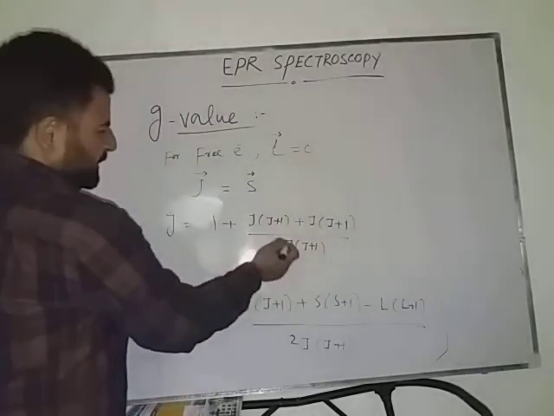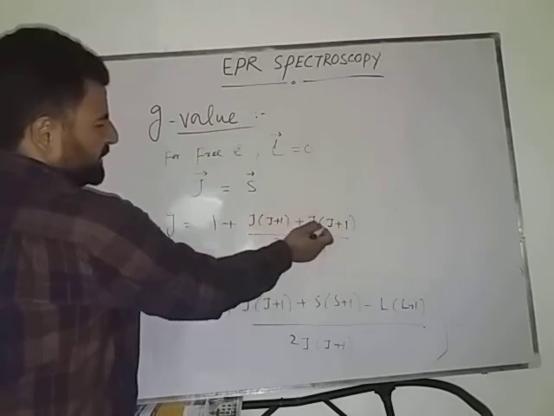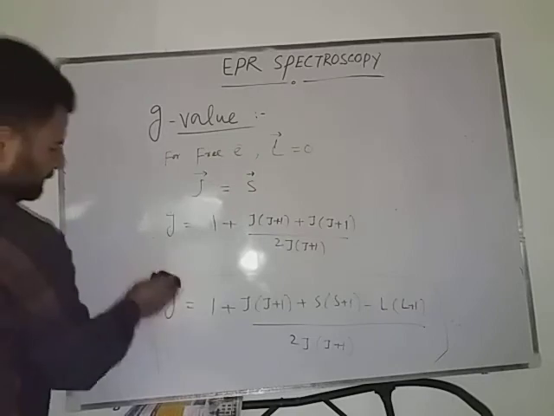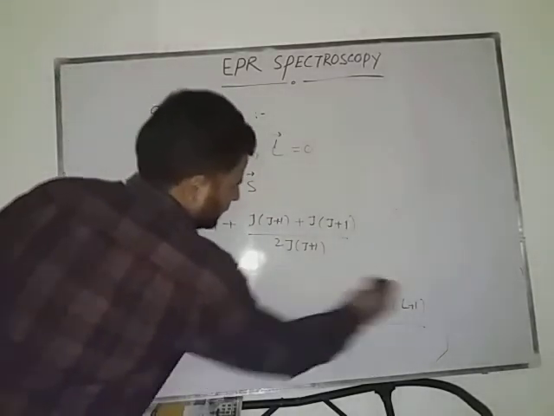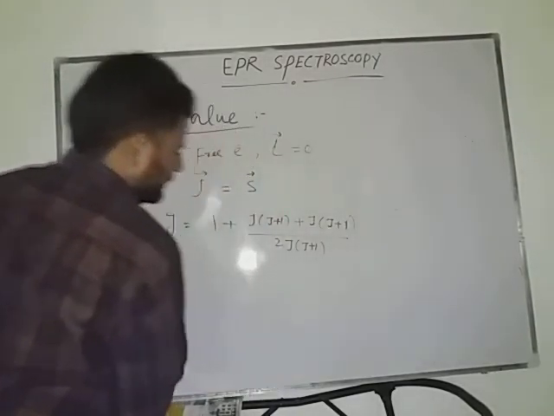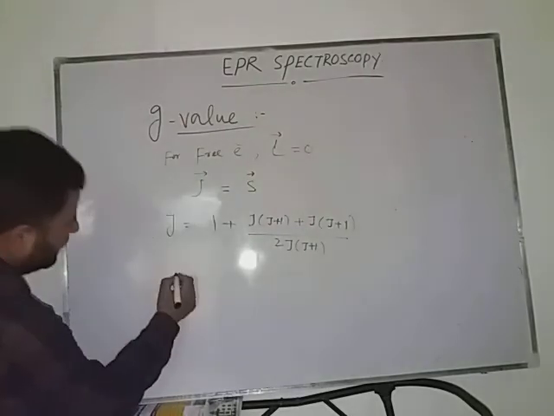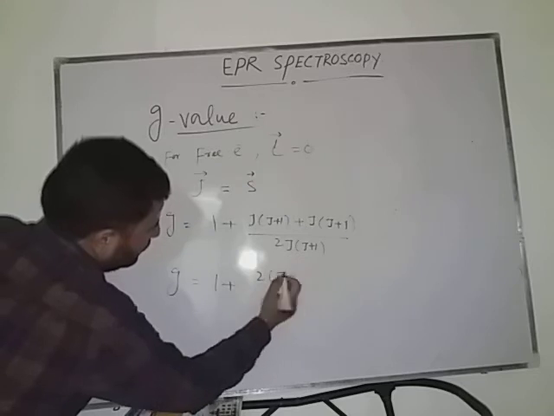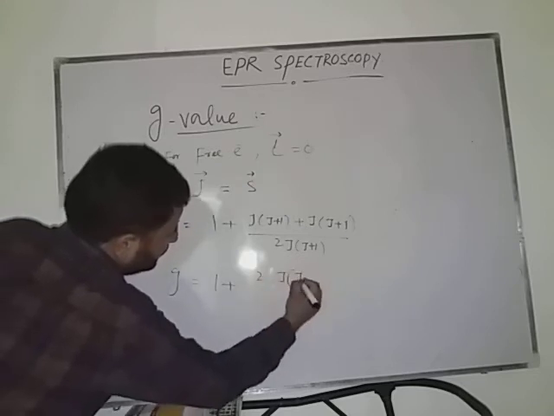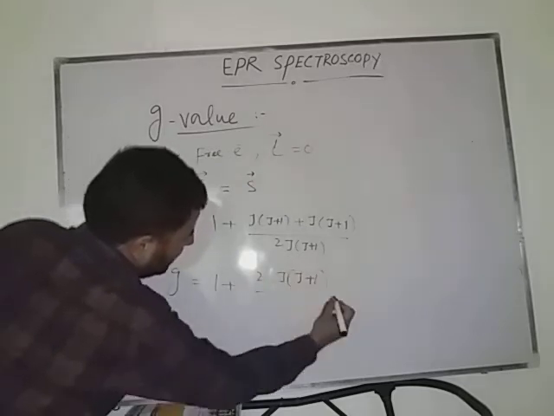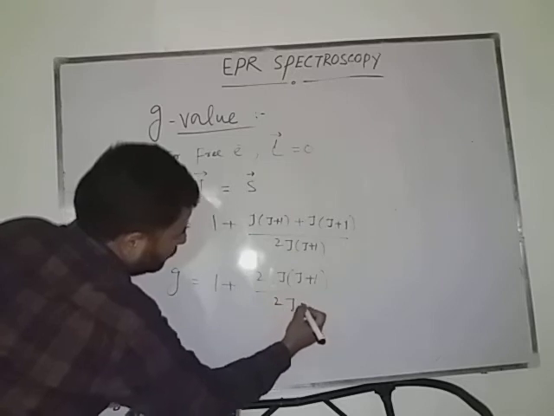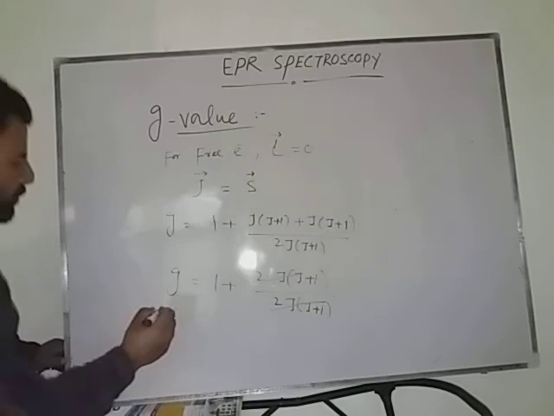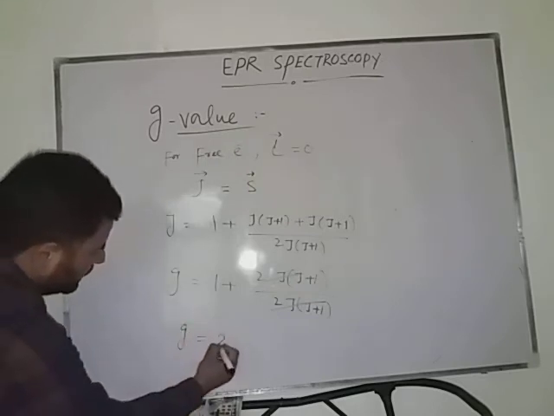So twice J into J plus 1 divided by twice J into J plus 1 cancels, and G will come out to be 2.